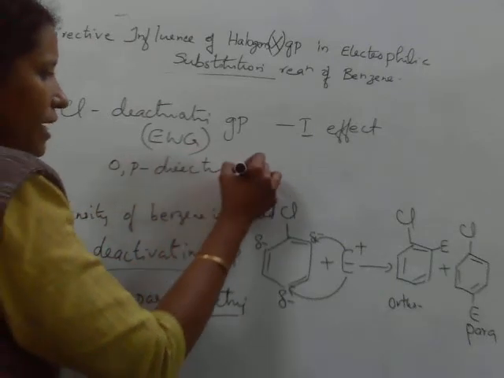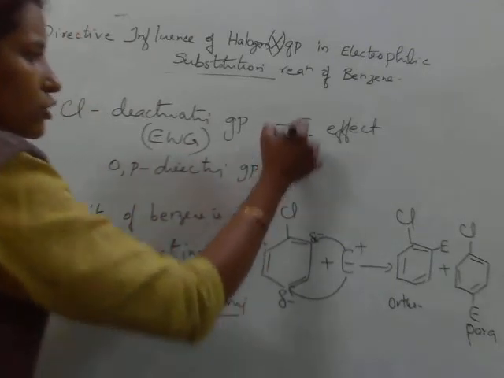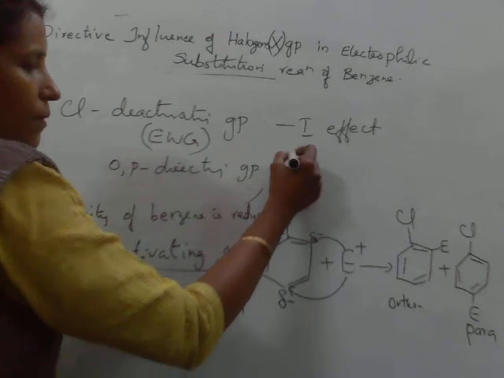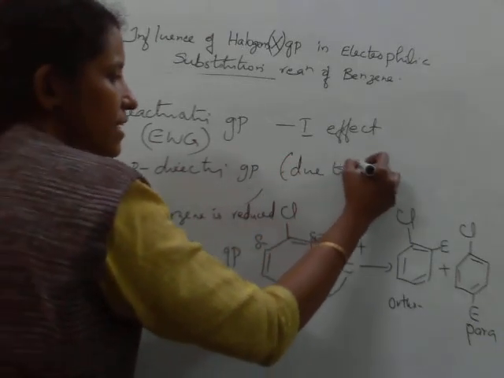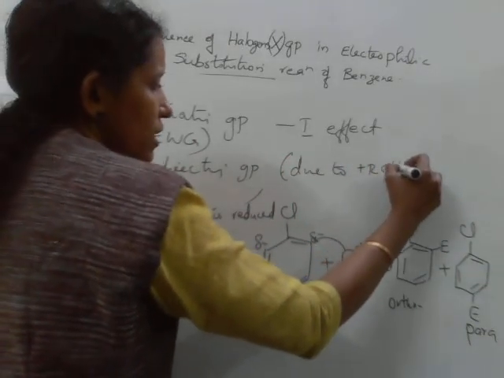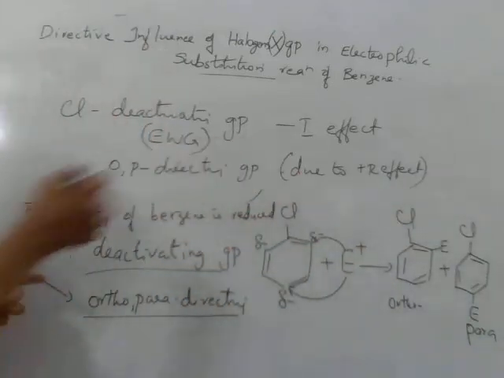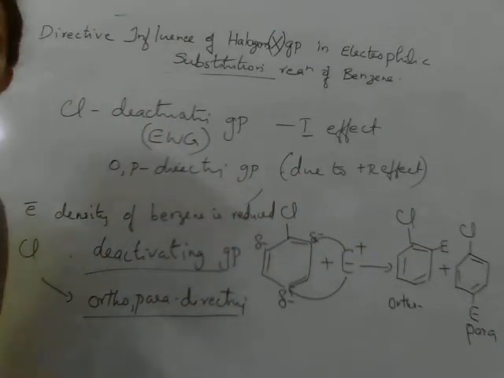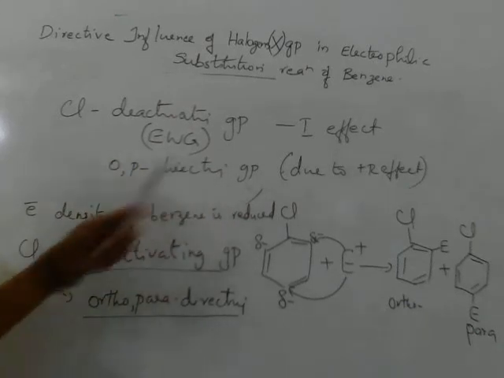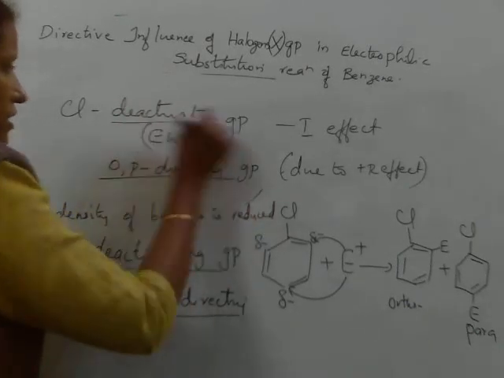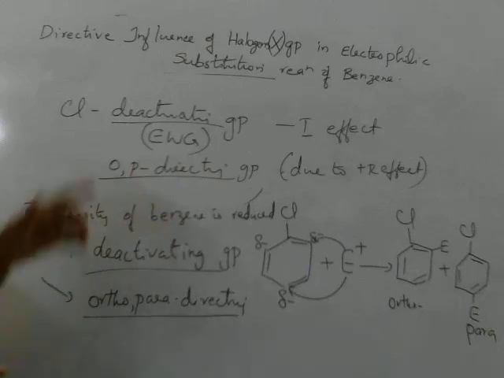Why is it an ortho-para-directing group? This is due to the resonance effect. Due to resonance, ortho and para positions are more electron rich compared to meta. So this is ortho-para-directing and deactivating. So chlorine is an exception.